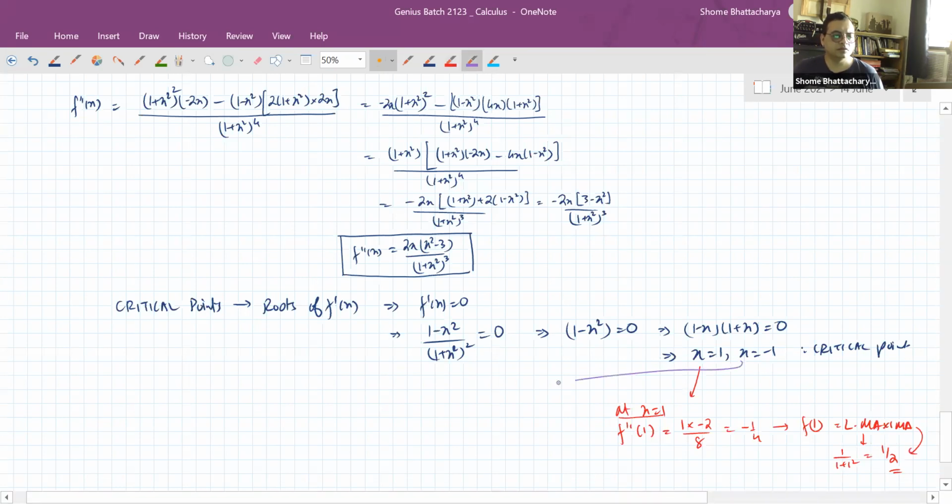Similarly, at x equal to -1, the value of the second derivative, you will see, will come out to be -1 by 4.